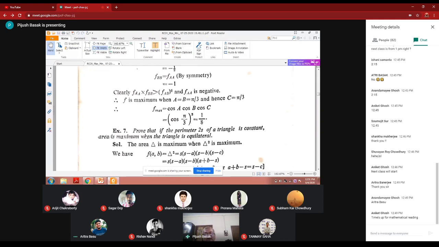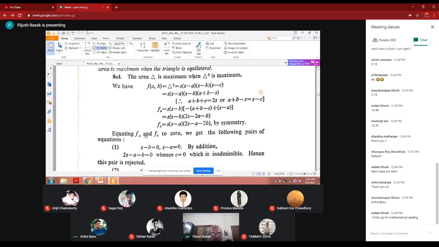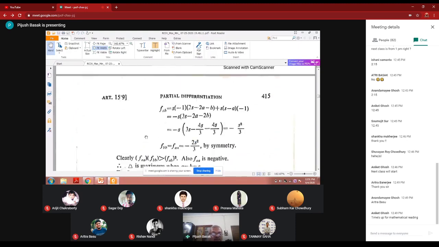For each stationary point you have to check whether it is a maximum or minimum; maybe it is not possible to find a maximum or minimum. Anything can be there. This is a triangle problem. I will send you the literature. Approach is the same.